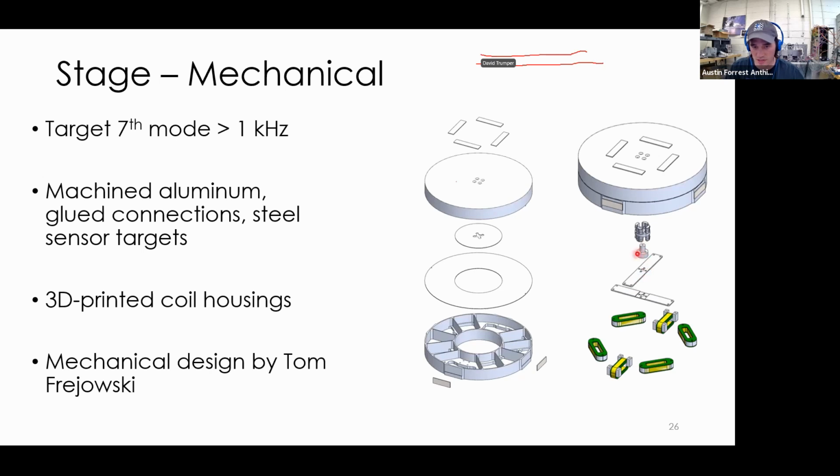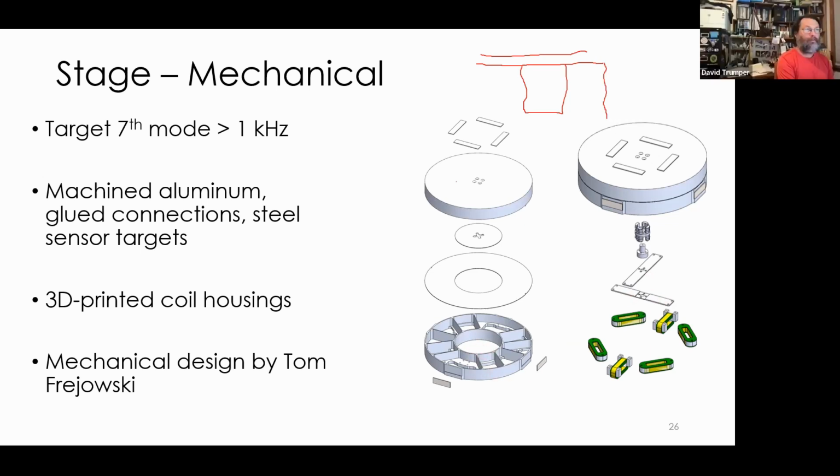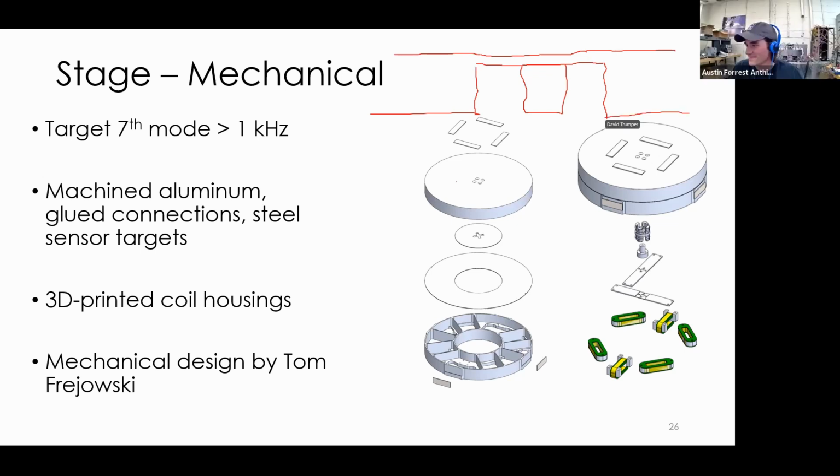So that's what this extra adapter piece is, and then these cross mounts, which mount to the bottom skin of the stage. When you're designing stuff, really watch out for cantilevers. They are bad dynamically. I'm just annotating, and it'll change colors. With that version, I think the first modes were only like 600 hertz or something.